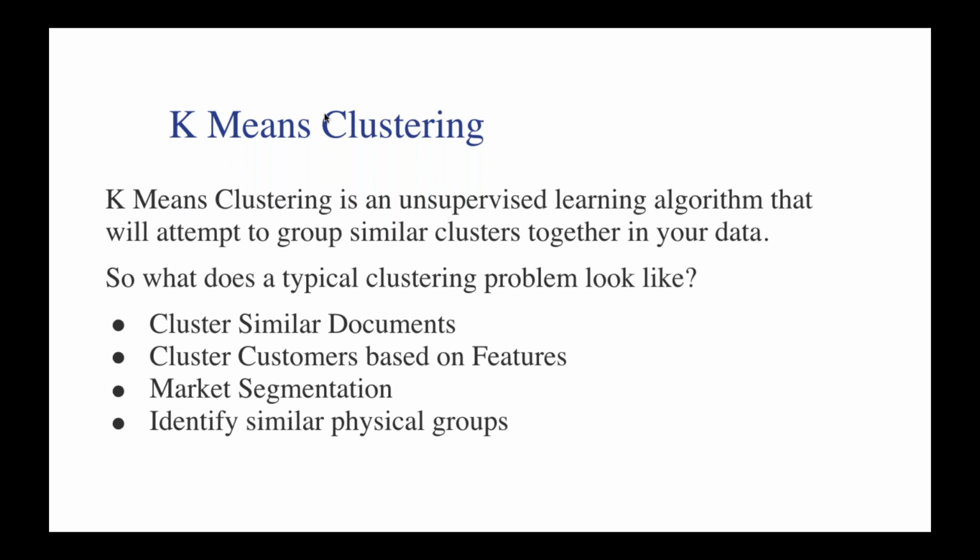Cluster similar documents, that is one. Out of millions of news articles, you can cluster news on the basis of category: entertainment news, highly rated news, highly viewed news. That is clustering similar documents. Cluster customers based on features.